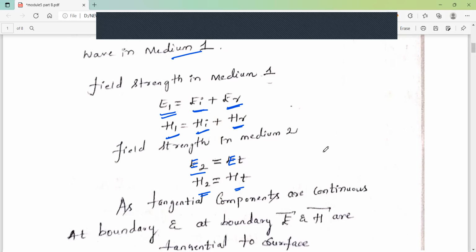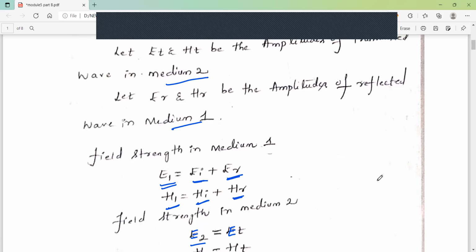Okay, now please pay attention to this point, that what we have talked about, that the electric field, magnetic field, and direction of propagation are actually perpendicular to each other. So if we have the electric field, let's say, here let me draw the electric field. Let's say electric field is along the x-axis, magnetic field is along the y-axis.